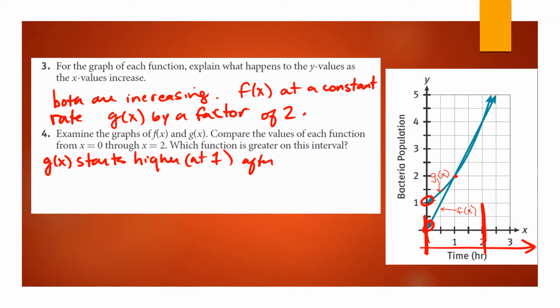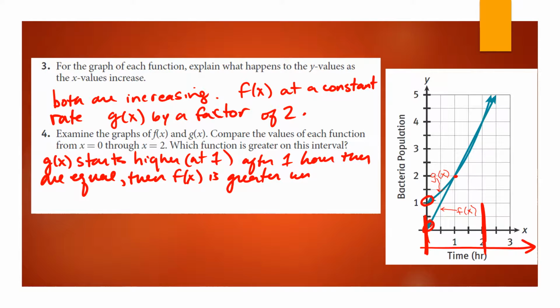So after 1 hour, they are equal. Then f of x is greater until they cross again at 2. So then the curved one's lower for a little while, and then at 2 hours they cross again and g of x is higher. So from 1 to 2 hours, the linear function f of x is actually higher than g of x for a little while.